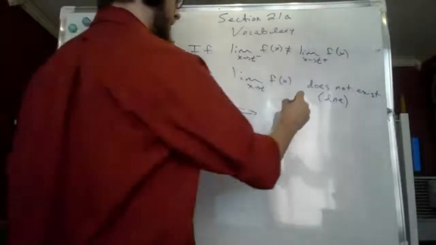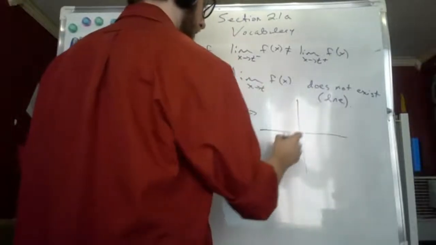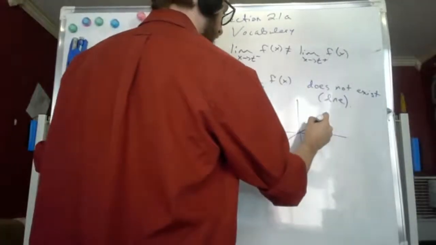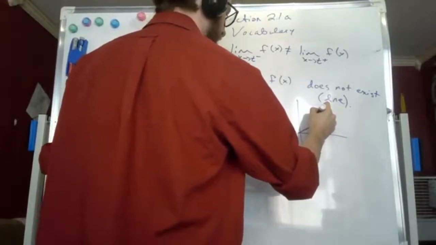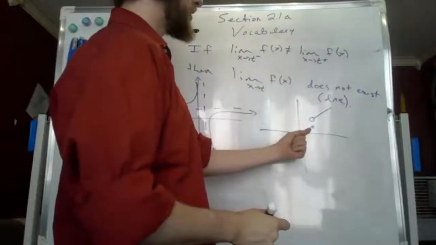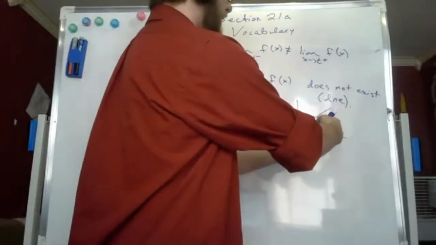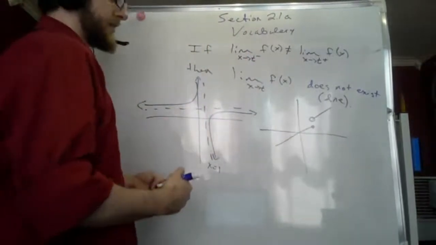We also saw an example with our piecewise functions that we had a graph that looked like this, but then maybe it picks up there and then goes somewhere else. In this case, from the left side, it equals this point, but from the right side, it equaled the open circle. That's another example where the limit does not exist.